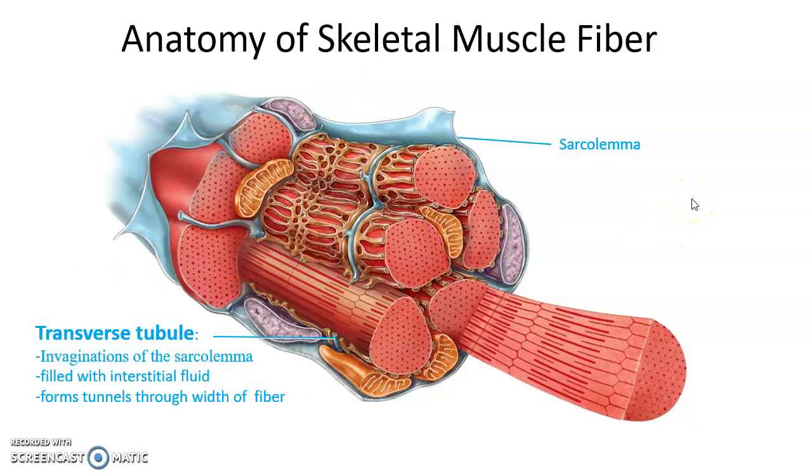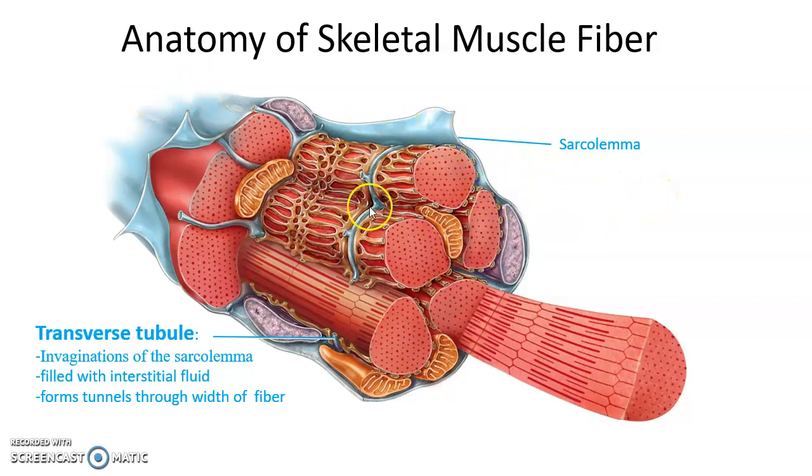We also see in this picture another important structure for skeletal muscle fibers called the transverse tubule. A transverse tubule is an invagination of the sarcolemma that travels through the width of the muscle fiber. It is basically a tunnel made of the sarcolemma going through the cell, and therefore it is filled with the interstitial fluid, the same fluid surrounding the rest of the cell.